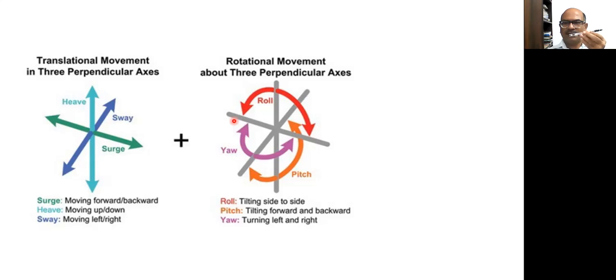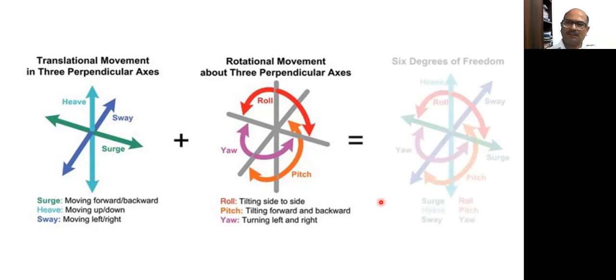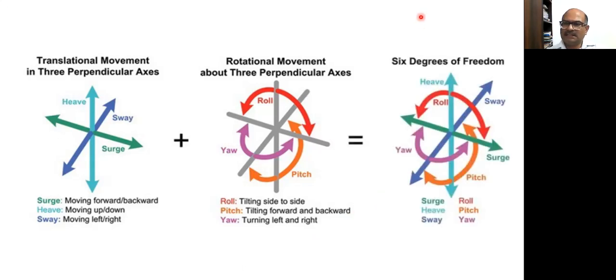If the rotational movement is about that axis, it is pitch, and if it is like this, it is yaw. So rolling is tilting side to side, pitch is tilting forward and backward, and yaw is turning left and right.